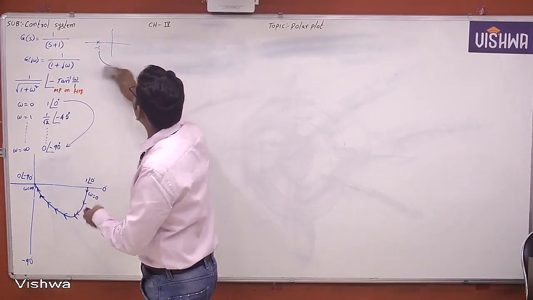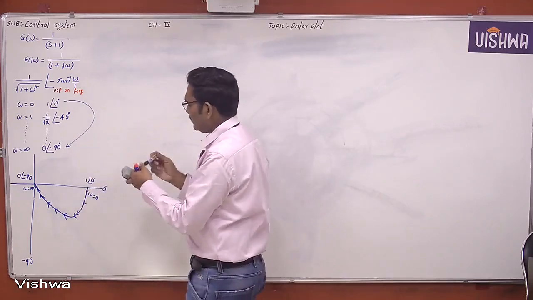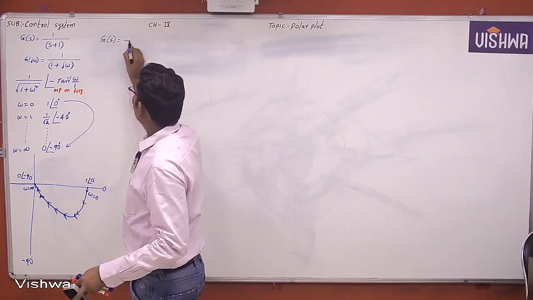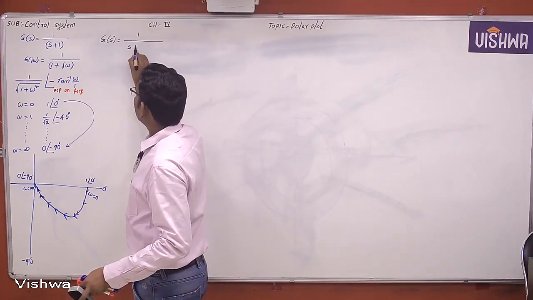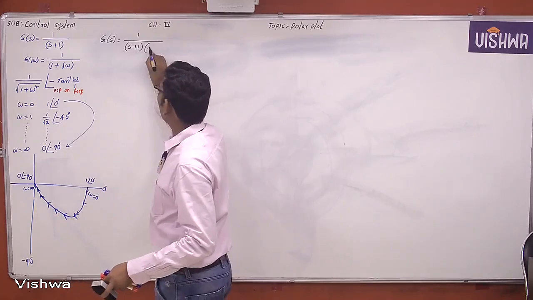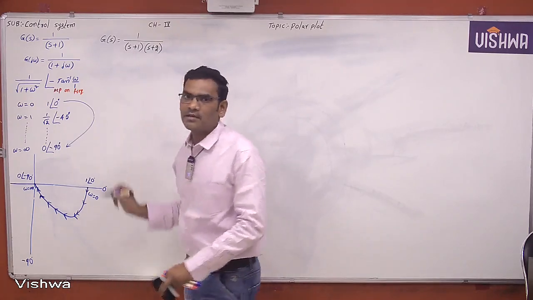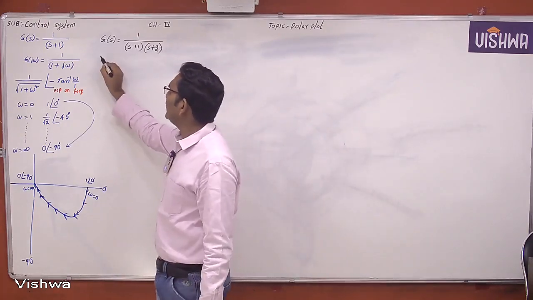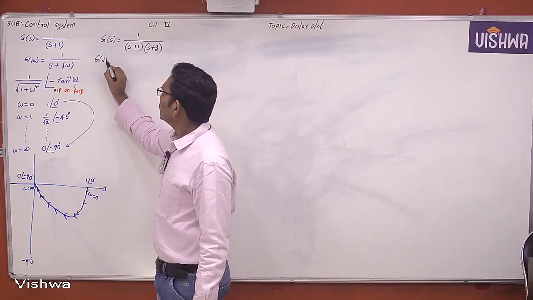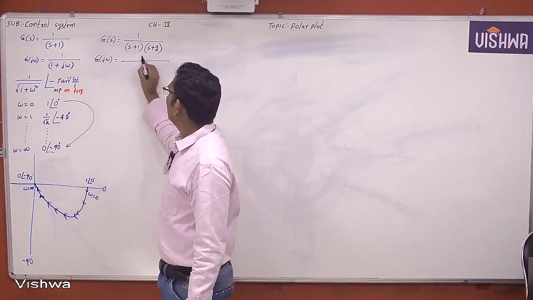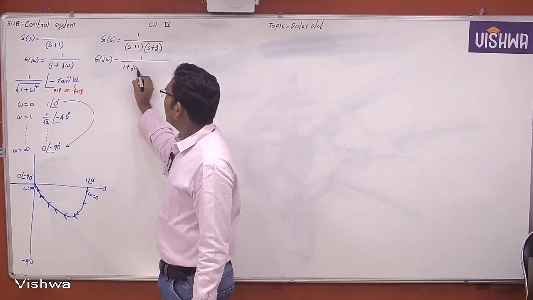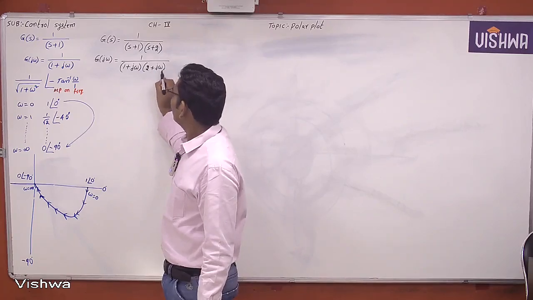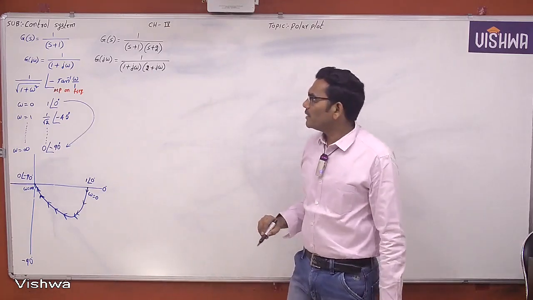Now, the same question I am asking. G of s equals 1 by s plus 1, which is already there. Then I add one more finite pole, s plus 2, meaning s equals minus 2. Now same procedure without any deviation. G of j omega equals 1 divided by (1 plus j omega)(2 plus j omega).